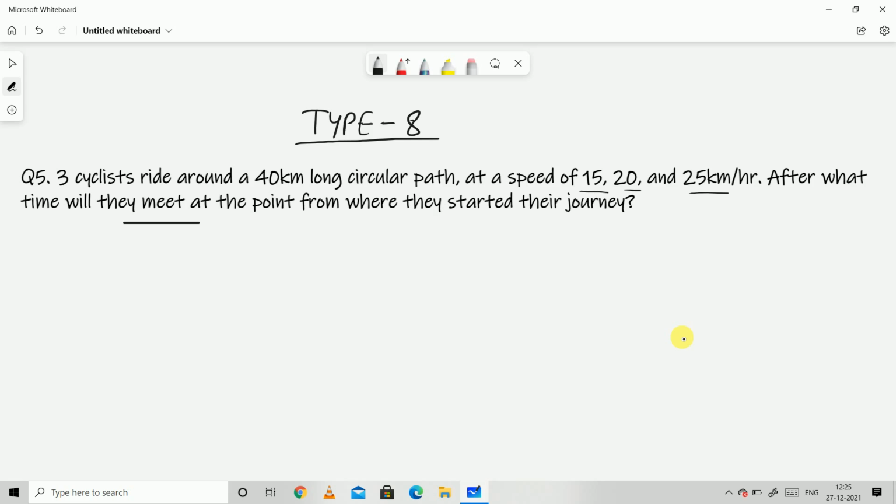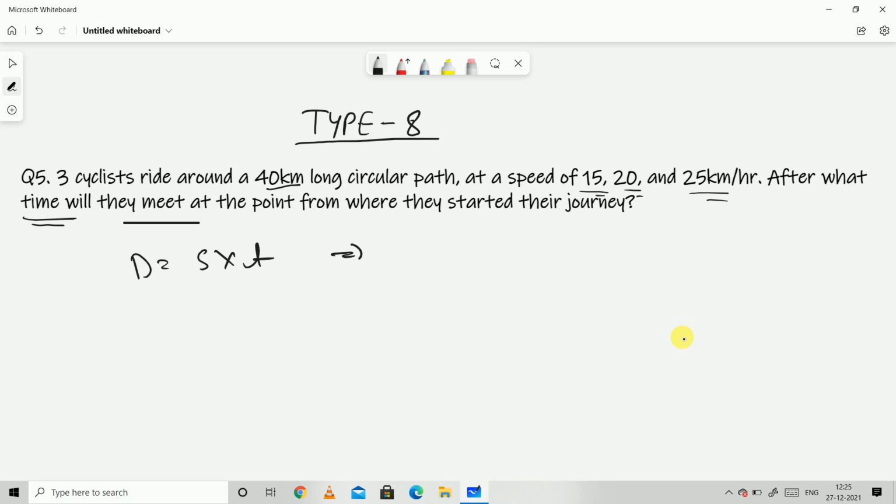Here they have given you the speeds and they are asking you about the time. Therefore you need to first find out the time, because we are concerned about the time. We have been given the speed and the distance, and we know the formula that distance is speed into time.